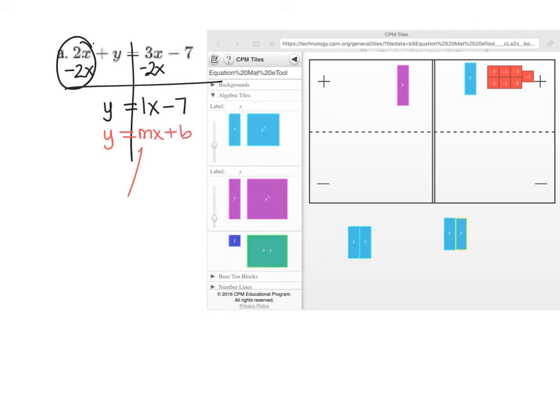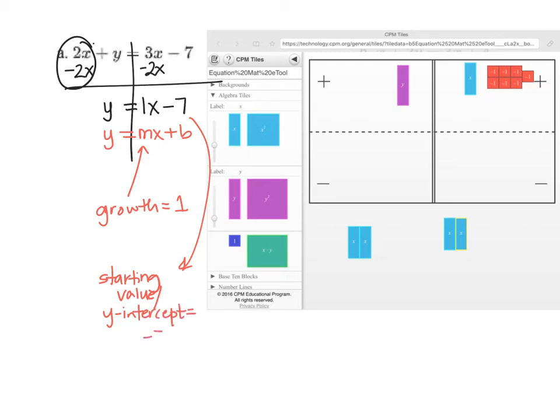So now I know that the growth is 1 and the starting value, or the y-intercept, is negative 7. I can tell because 1 is in place of the m in y equals mx plus b, and negative 7 is in place of the b in y equals mx plus b.